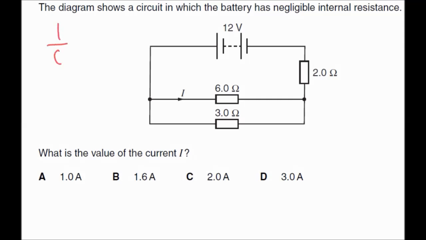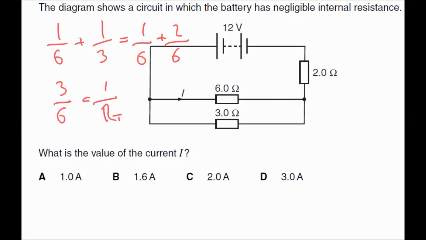Well, that's going to simplify to 1 over 6 plus 2 over 6. So 3 over 6 equals 1 over RT for the parallel section. So 6 divided by 3 is 2 ohms. Okay, so we've got the equivalent of 2 ohms here. So the total is going to be 2 plus 2, which is 4 ohms.